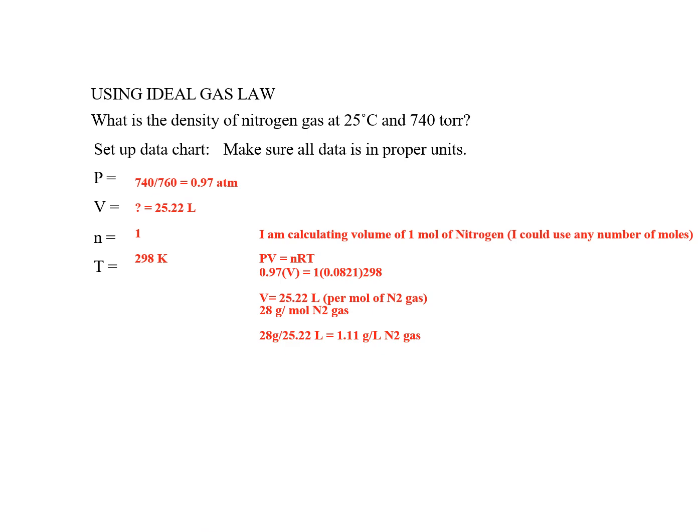If you see this one, the gas law, PV equals nRT, and he asked me about the density of the nitrogen. For this equation, after I convert the pressure to atmosphere, I plug in the pressure in atmosphere, and I am looking to solve for the volume.